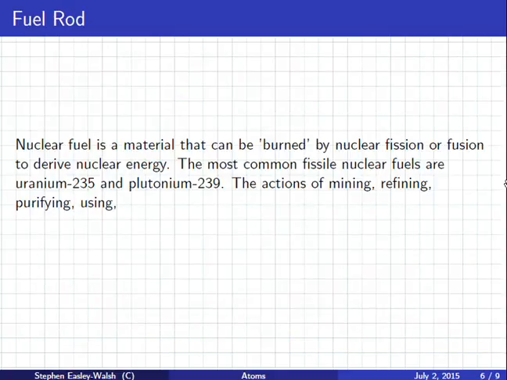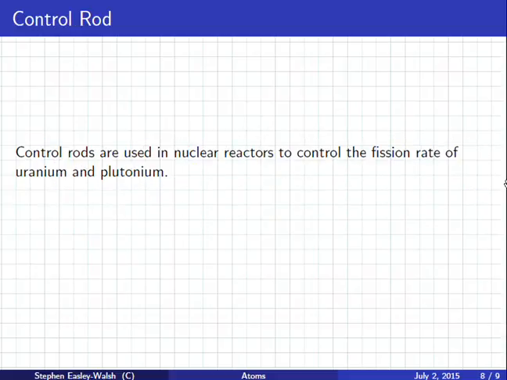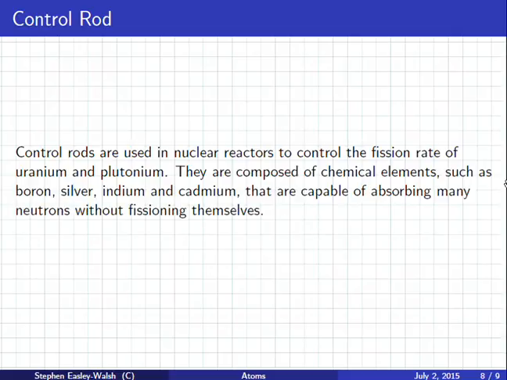So we have fuel rod, we have moderator, we have control rod. If you remember, I was talking about the control rods, which cover the uranium. What's the job of the control rod? It's to adjust or change the energy levels. Like a switch, more or less energy.